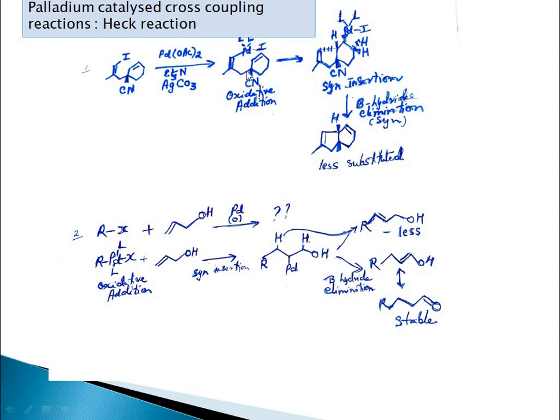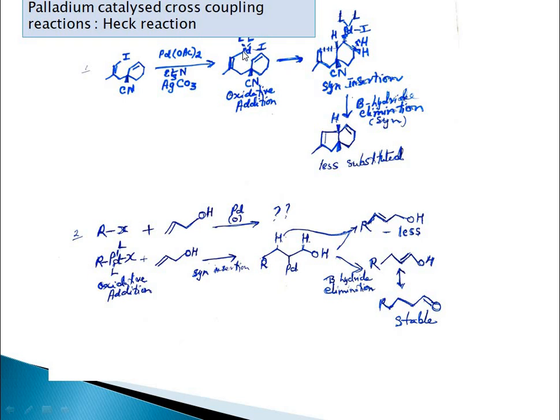So oxidative addition. Now what will happen after this is syn insertion. The insertion is always syn. Syn insertion implies that in the next step, along this double bond, this palladium and this unsaturated carbon will insert. How?